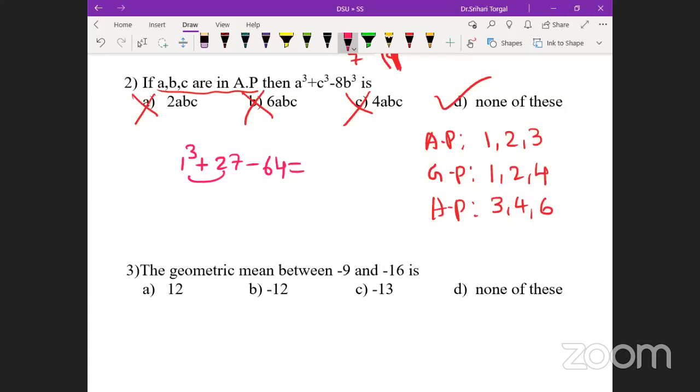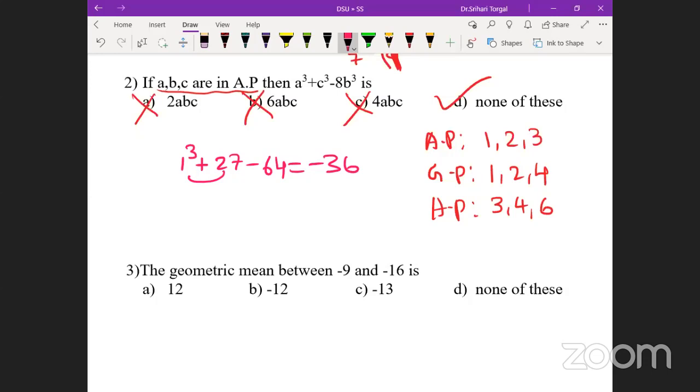How much will we get here? Yes, how much? Minus 36, right?